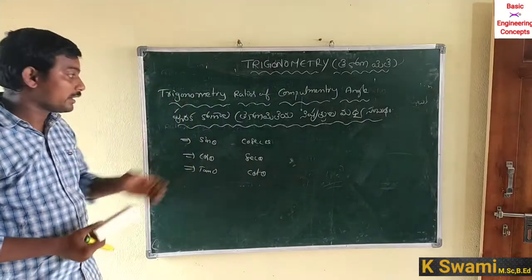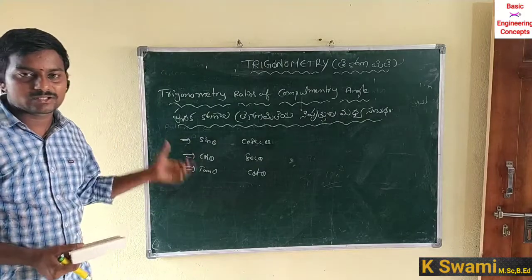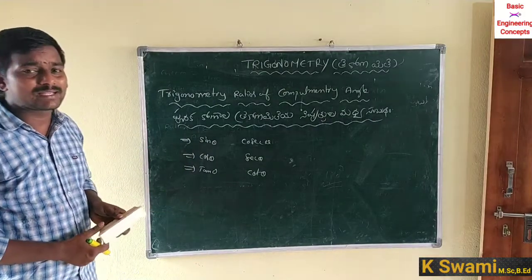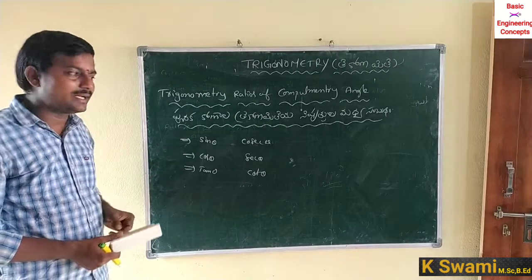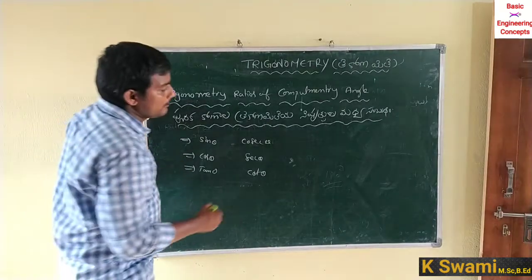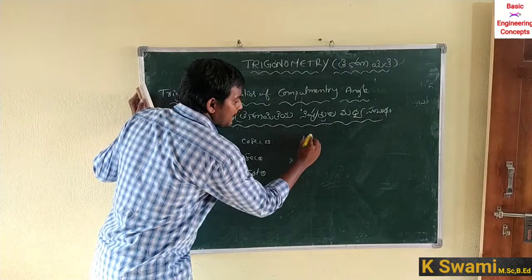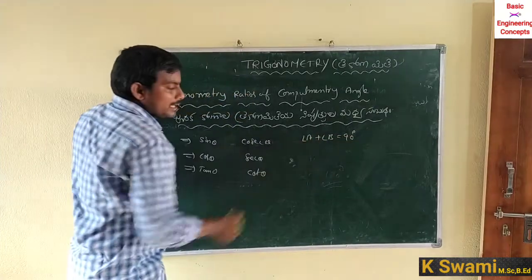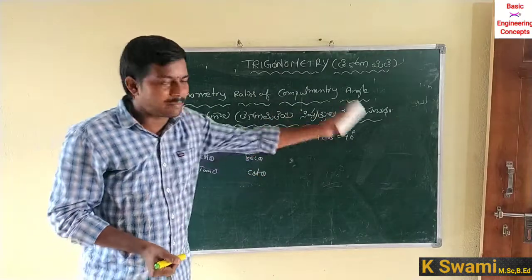Suppose angle A plus angle B is equal to 90 degrees, then angle A and angle B are called complementary angles.